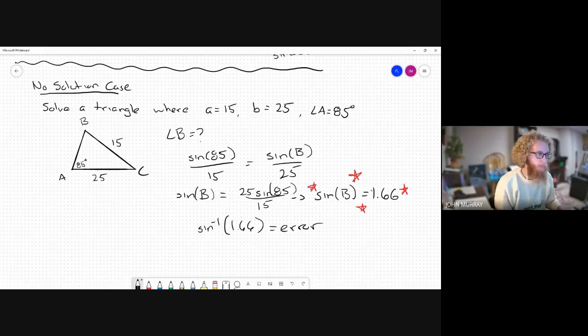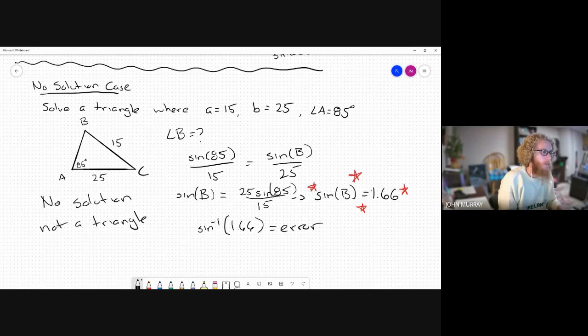That's not how it works. All right. So with a case like that, we would have no solution. The information that they give us would not produce a triangle.